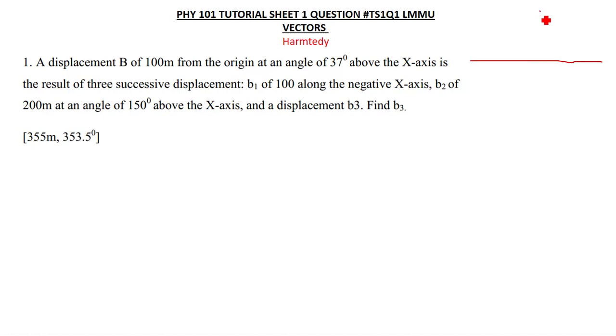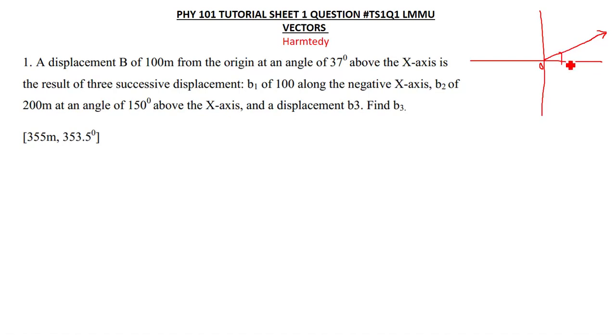This is our x-y plane, and then we've been told this displacement b of 100 meters from the origin, if this is our origin, at an angle of 37 degrees above the x-axis. So this is my displacement b.